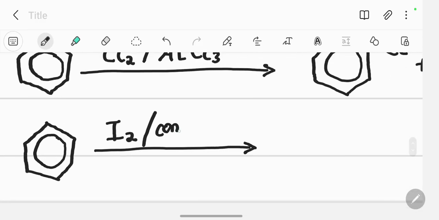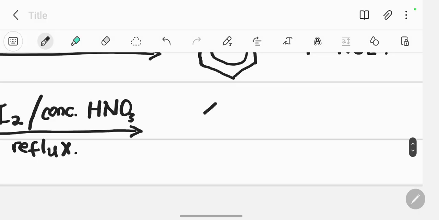So add the conc nitric acid and the reflux. It's going to give you iodobenzene.